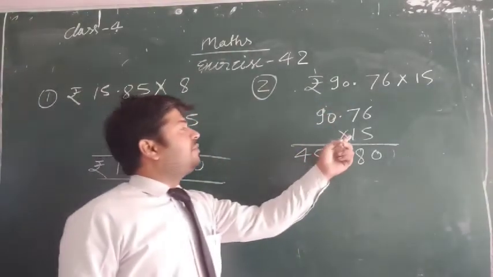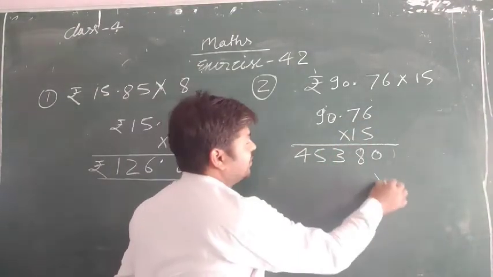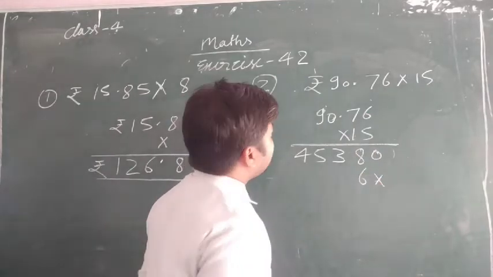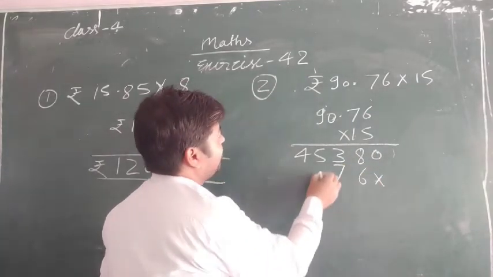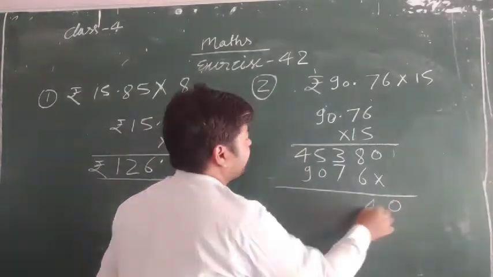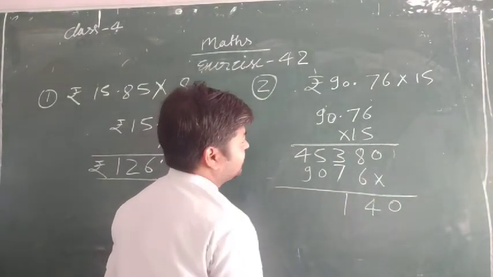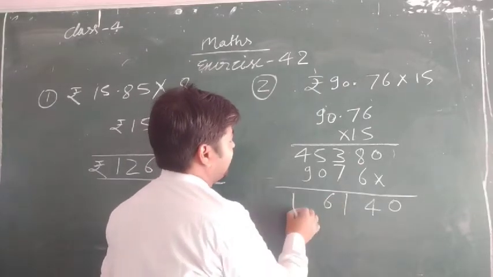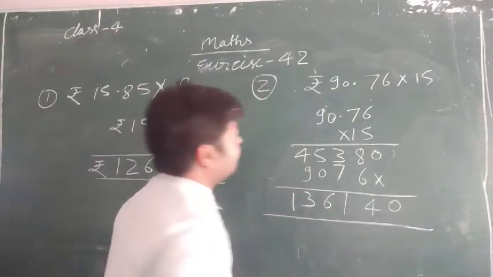Now we will multiply by the second number. So there will be a gap here. 1 six is 6. 1 seven is 7. 1 zero is 0. 1 nine is 9. Now we will add these numbers. 8 6 is 14. 7 3 is 10, 1 is 11. 5 4 is 6. 9 4 is 13.